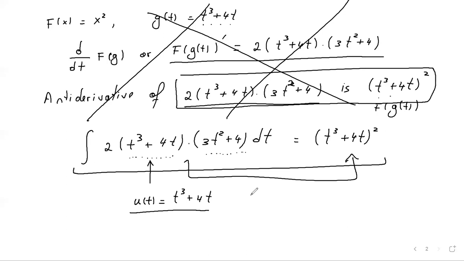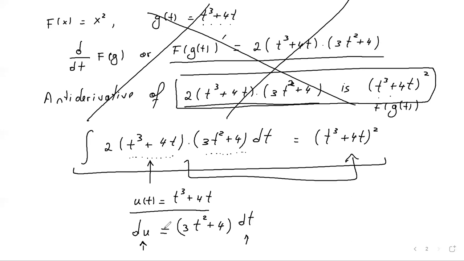So people write that when it comes to integrals, they will write du equals, and because u is t cubed plus 4t, they will say that's 3t squared plus 4, and then dt. I just want to emphasize that u and t are labels, but this plays a very important role in keeping track of the variables.